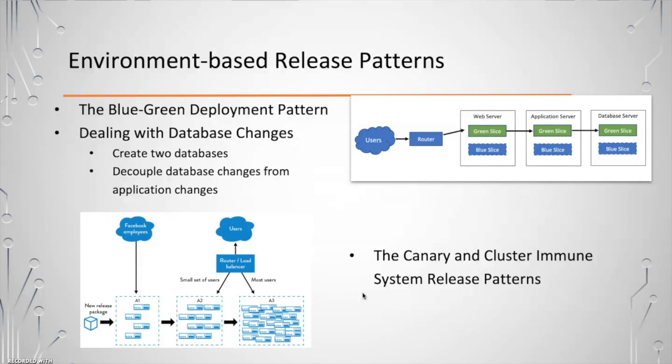Environment-based release patterns. This pattern allows us to deploy in several environments that will allow us to make changes and fixes without the need to wait for the weekend or to work at night. We have the blue and green deploy pattern, and here we have two environments that are used, and one is serving the live customer traffic, while in the second we can do our tests without the need to interrupt the user.